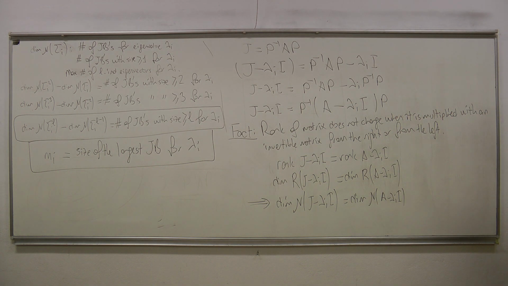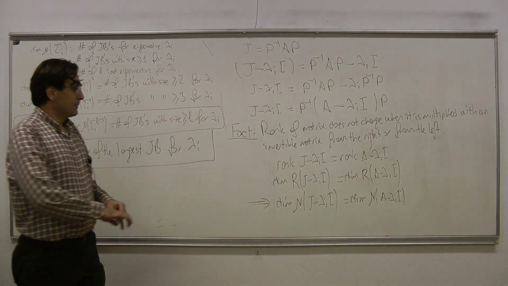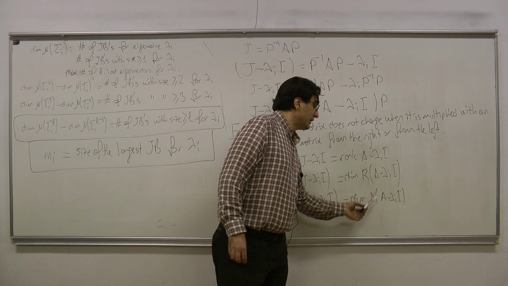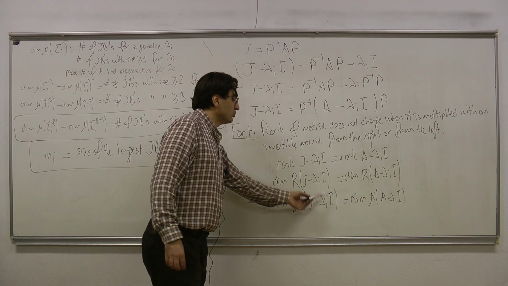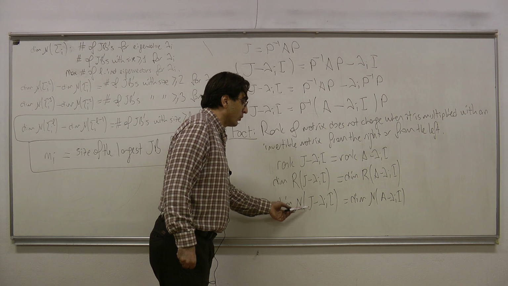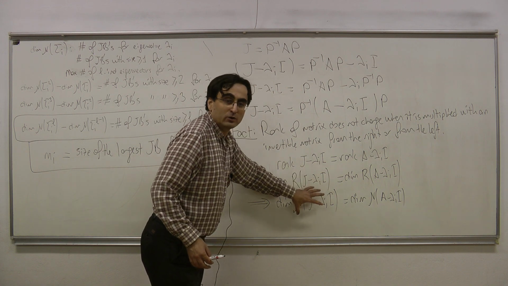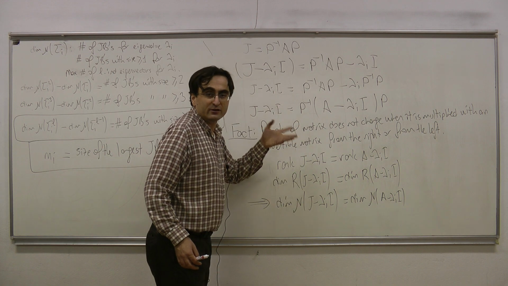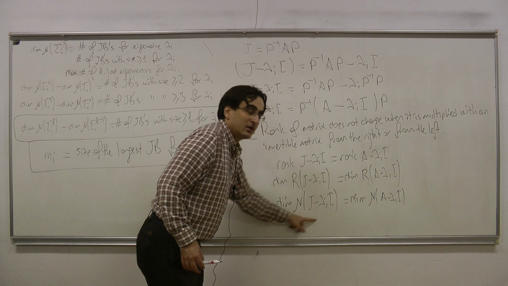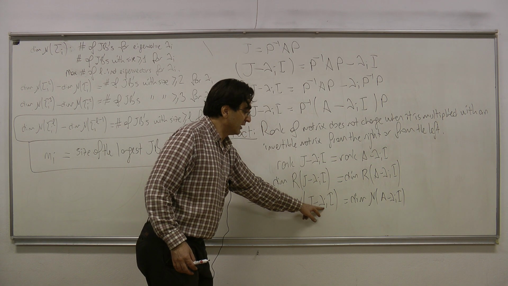So the null space dimension of A minus lambda identity is always equal to the null space dimension of that matrix's Jordan canonical form minus lambda identity. We learned how to calculate this dimension: it is the number of Jordan blocks for lambda.